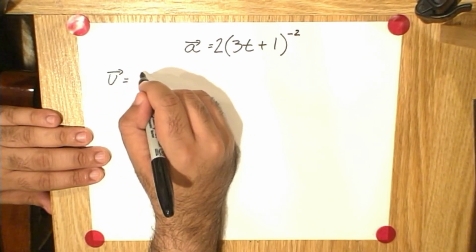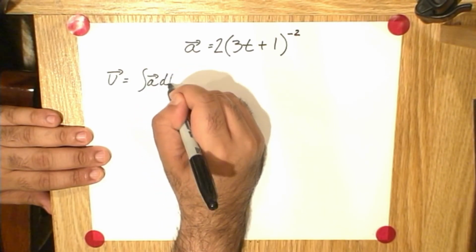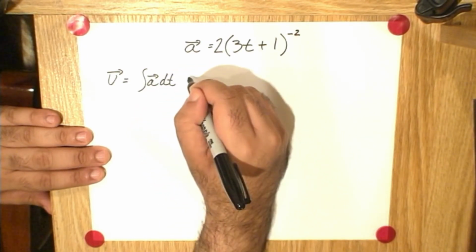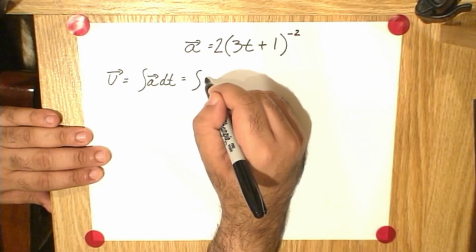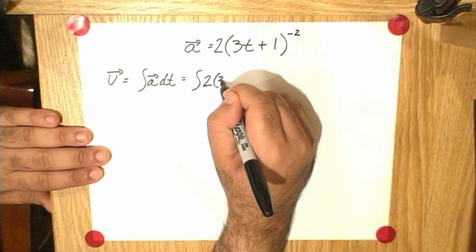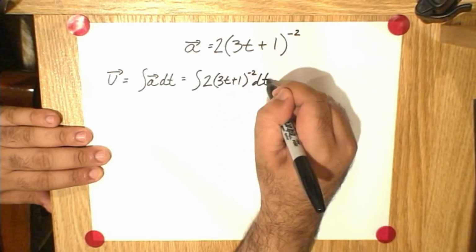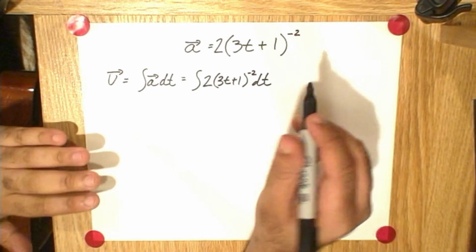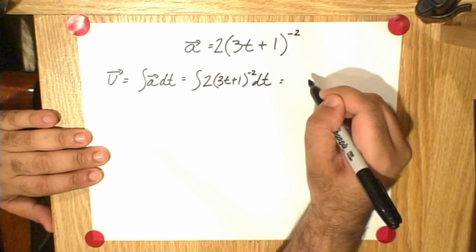Velocity is equal to the integral of acceleration with respect to time, which would be equal to the integral of all of this with respect to time. Now, the 2 is a constant over here, so it comes out of the integral.